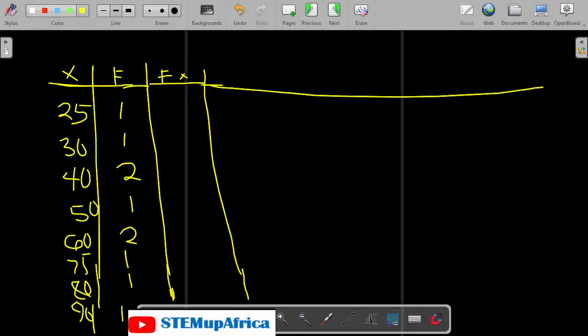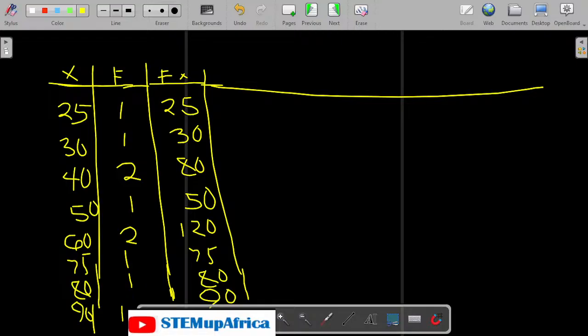For the mean, you need fx. 25 times 1, 25. 30 times 1, 30. 40 times 2, 80. 50 times 1, 50. 60 times 2, 120. 75 times 1, 75. 80 times 1, 80. 90 times 1, 90. So this is your fx now.